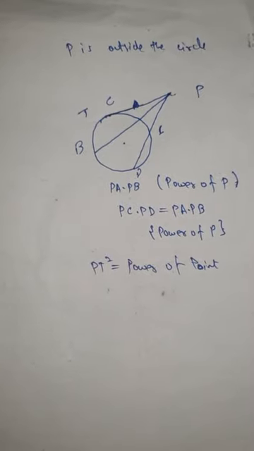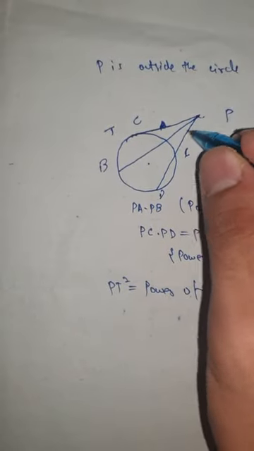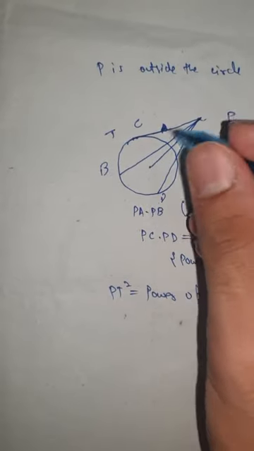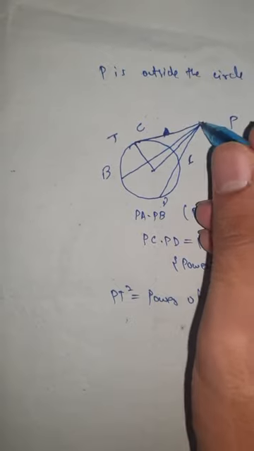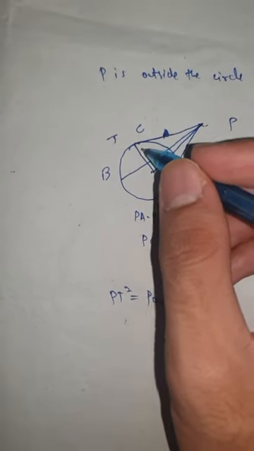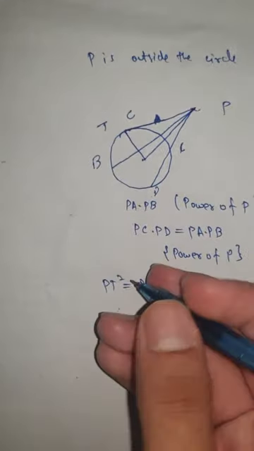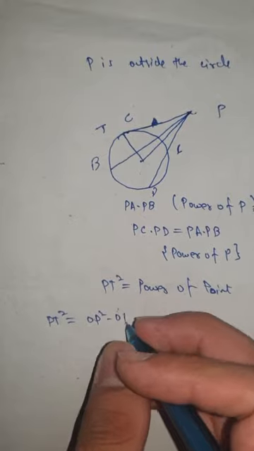And we also want to find a general expression for a point outside the circle. We can find it like this. Suppose we join the center and the point P. Since PT is tangent, OT is perpendicular to PT. We know the tangency condition. So the power of point P, which is PT squared, is equal to OP squared minus OT squared.